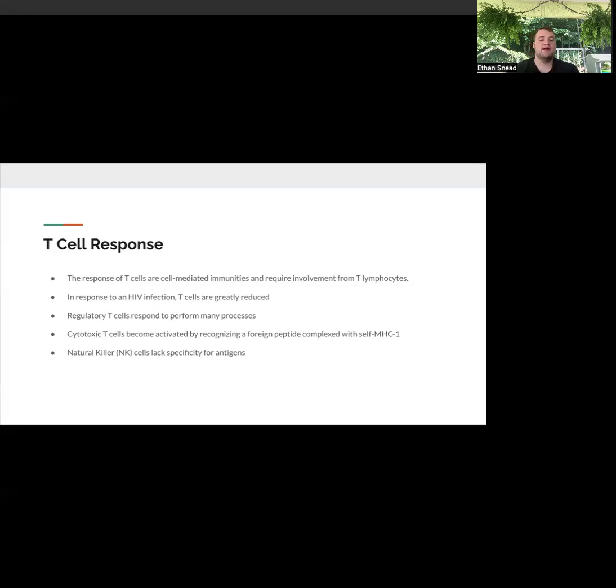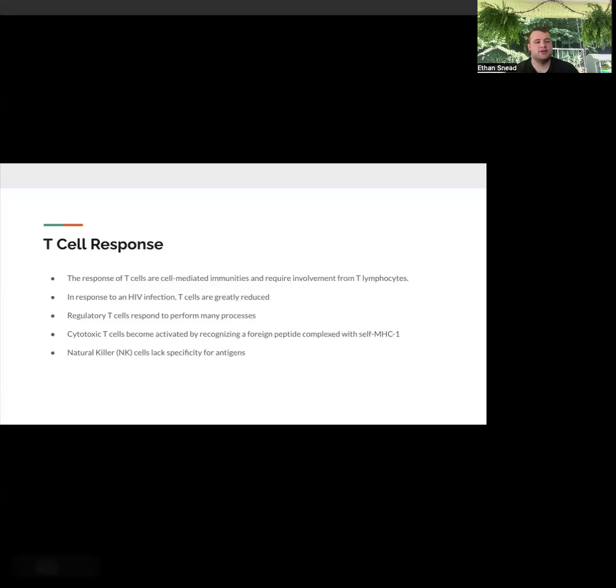Regulatory T cells act to control the inflammatory process and to dampen the immunity, and to make sure the immune response does not inappropriately target a human's normal biota.